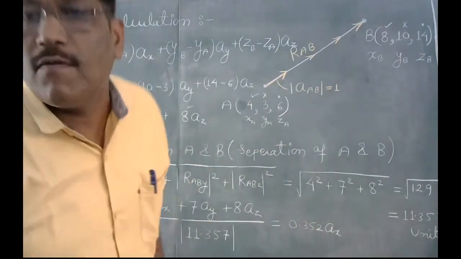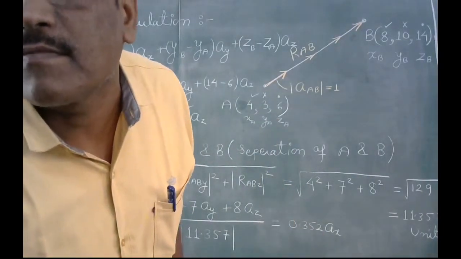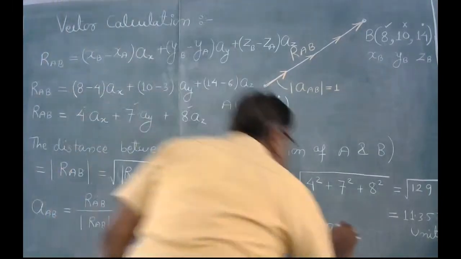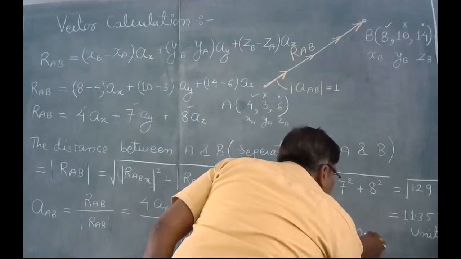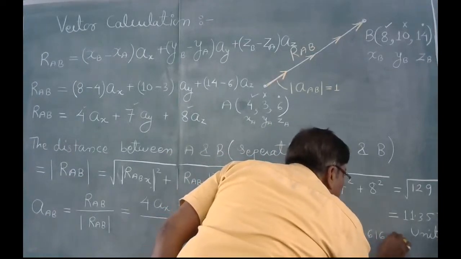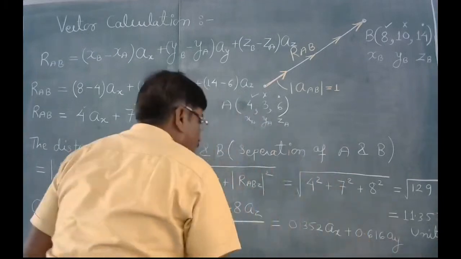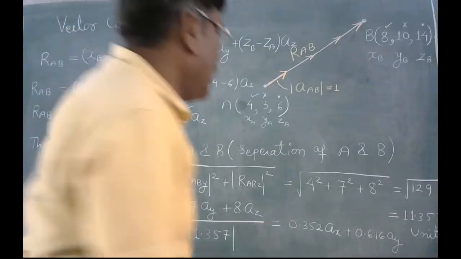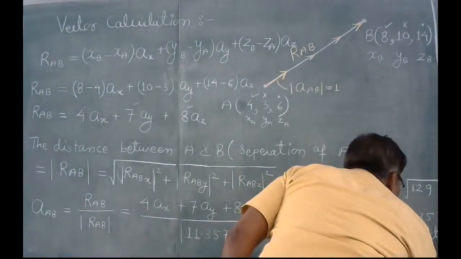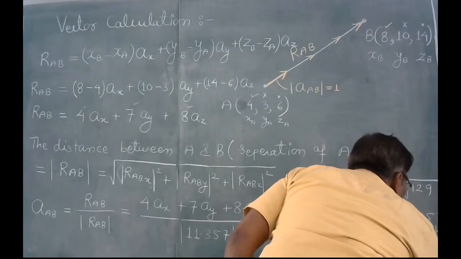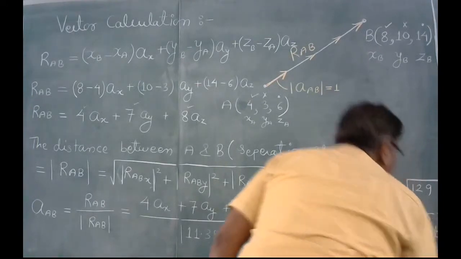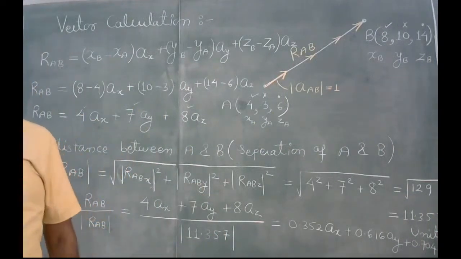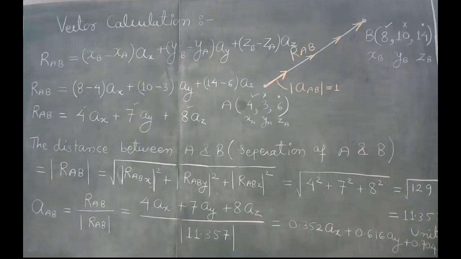Then we are having the y component as 0.616ay, and we are having the z component as 0.704az. So in this manner you have calculated the unit vector also, and we have completed one problem related with vector calculation, right?